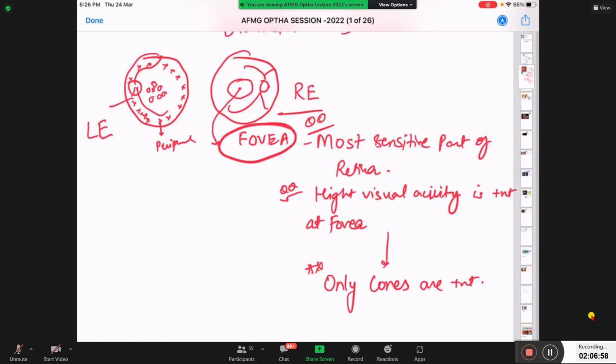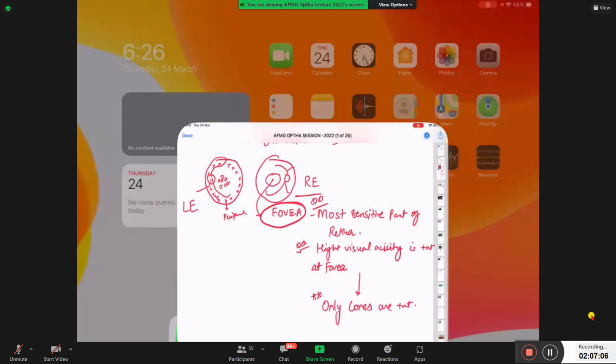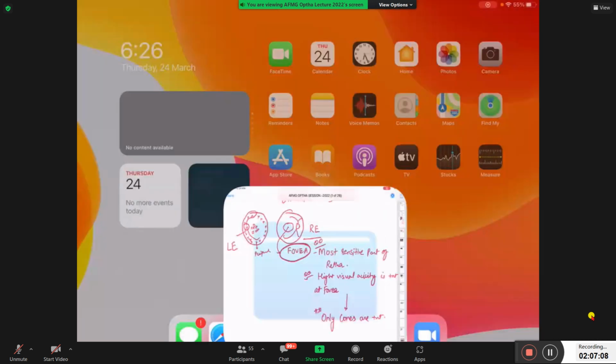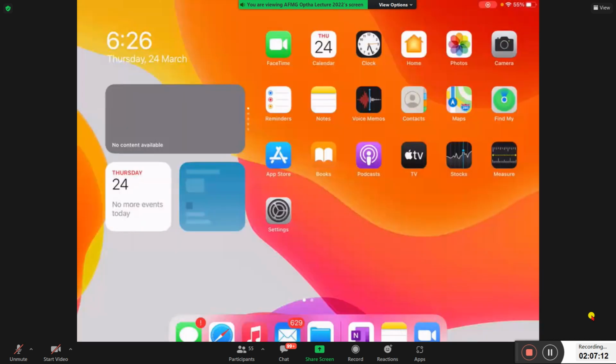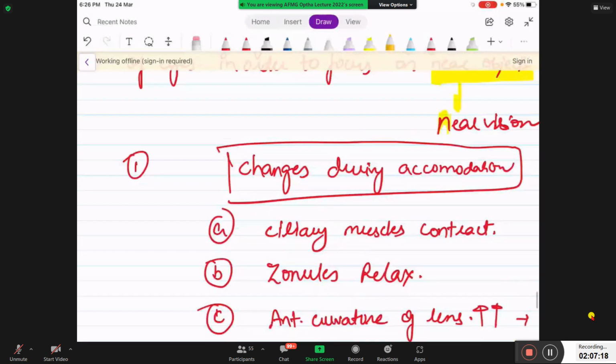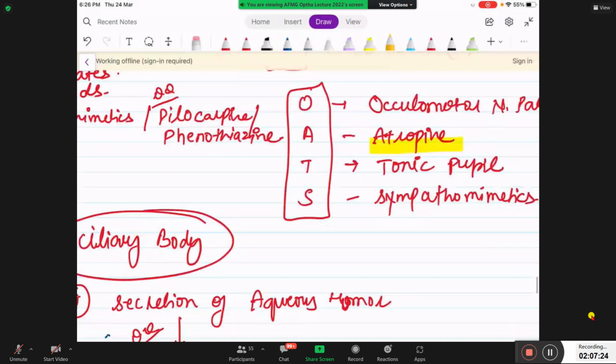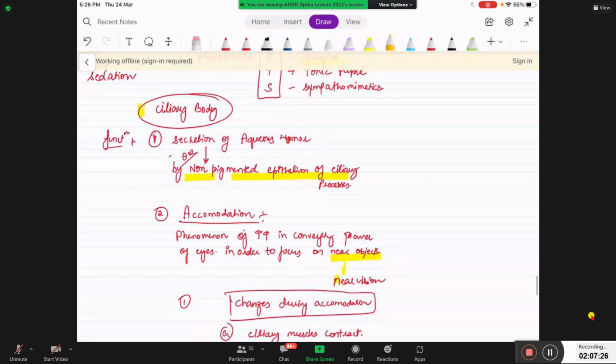Now write down. Next, write down layers of retina. Next heading, layers of retina. So this was all about your retina. How many layers of retina are there?